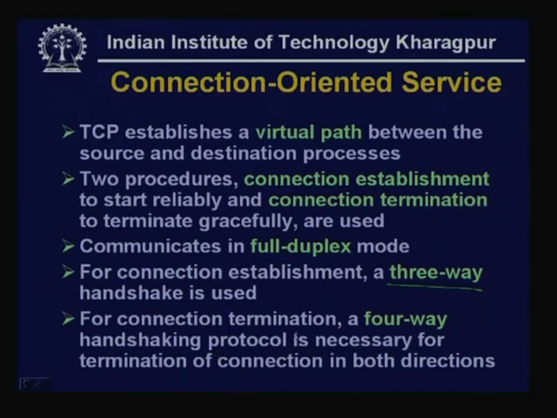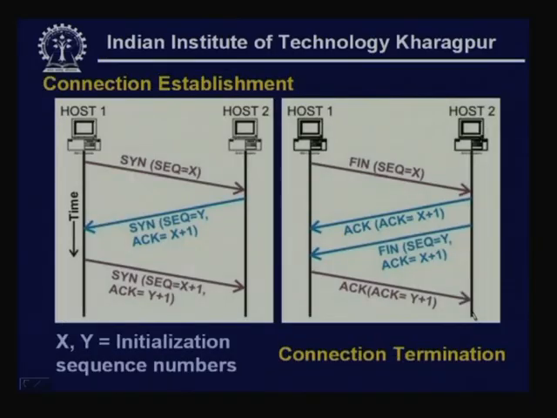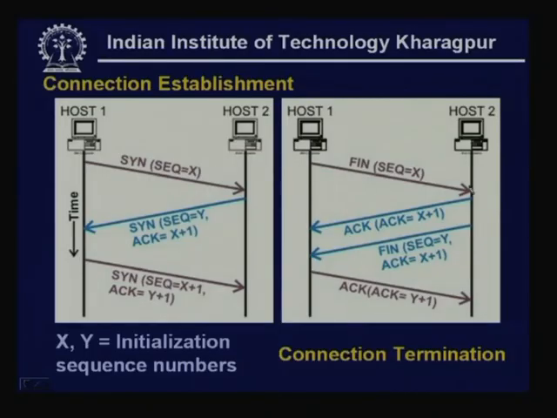Now, for connection termination, a four-way handshaking protocol is necessary for termination of the connection in both directions. As I mentioned, it is a full duplex protocol. However, we may consider it as two half duplex or two simplex connections. That means the two connections can be terminated independently.